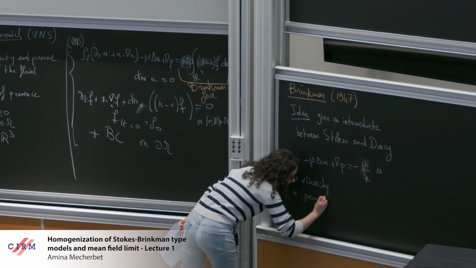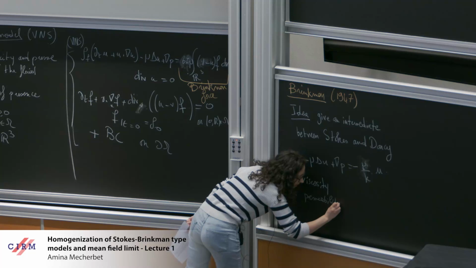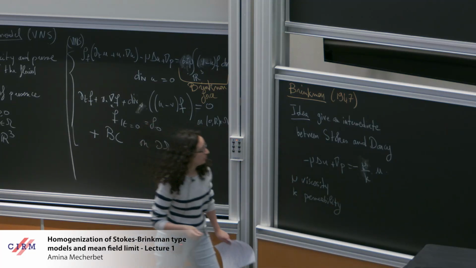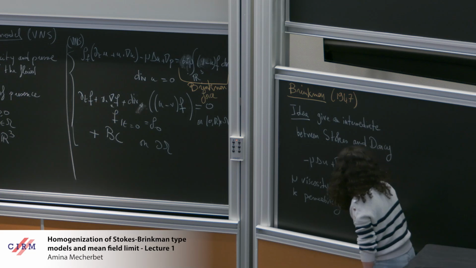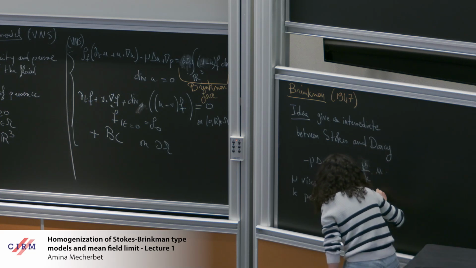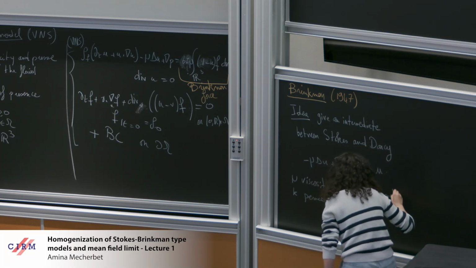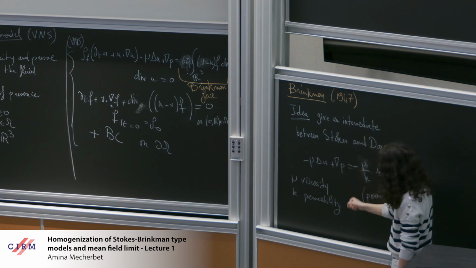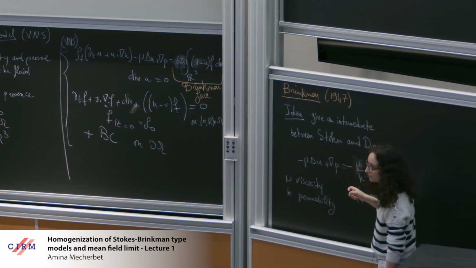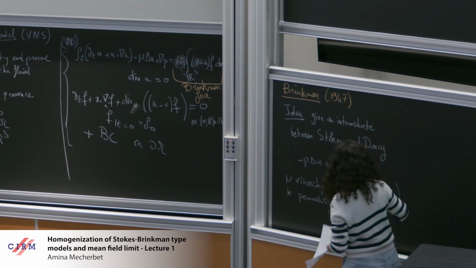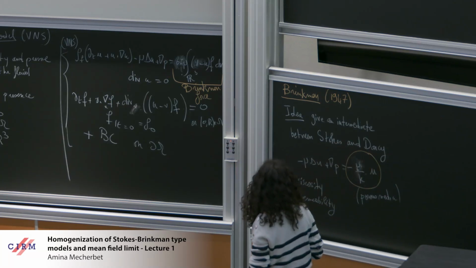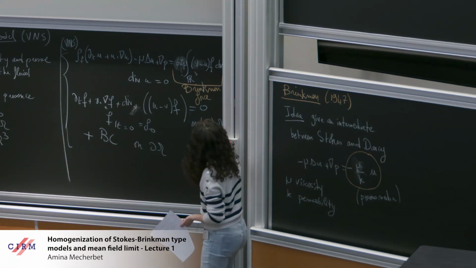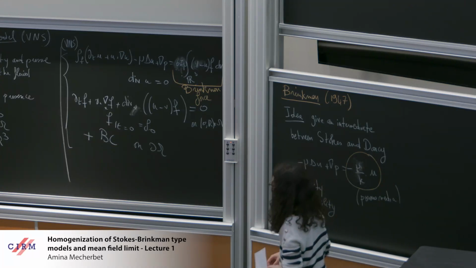So if the permeability is very big, you recover Stokes, as if you're not really in a porous media. Whereas if the permeability is very small, you will recover Darcy. So this was the Brinkman term as it was introduced by Brinkman in his paper, and more generally we'll take such a formula.